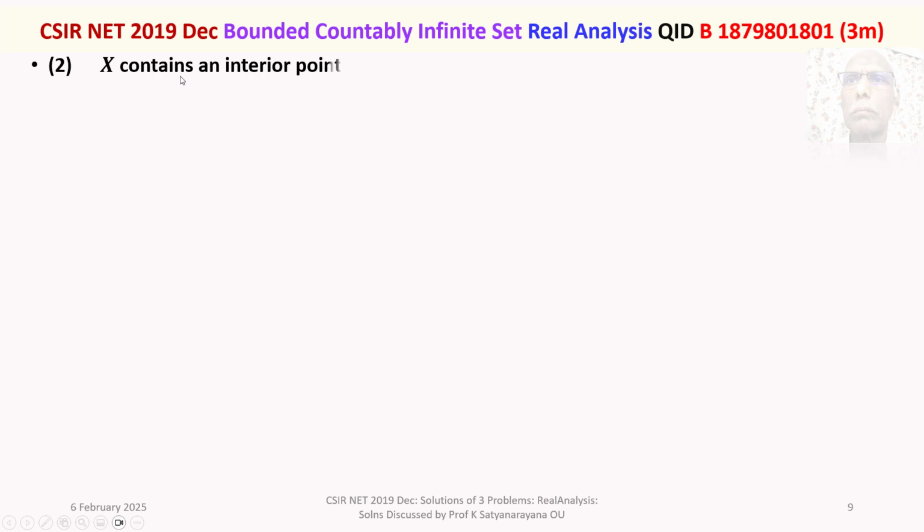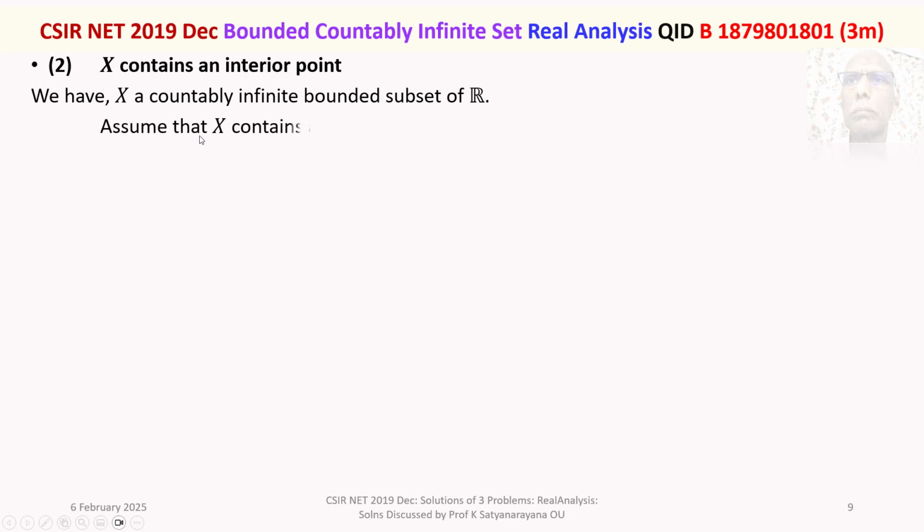Option 2. X contains an interior point. Is it so? Countably infinite sets have no interior points. That is the fact. So we argue, we have X a countably infinite bounded subset of R. Assume that X contains an interior point, say a.